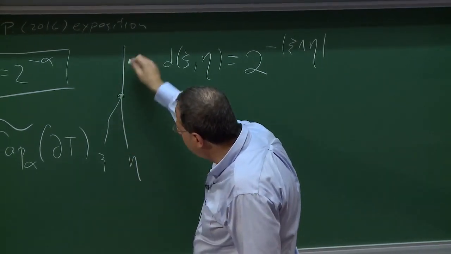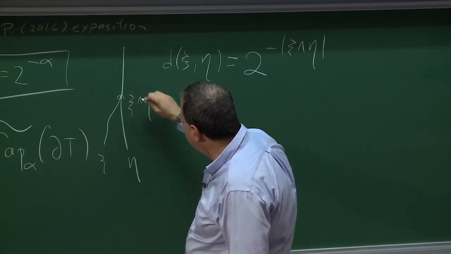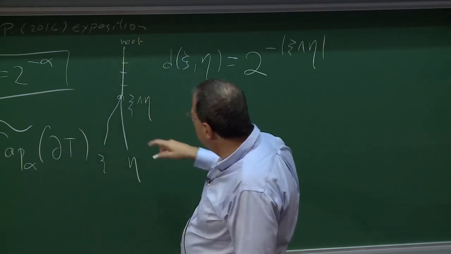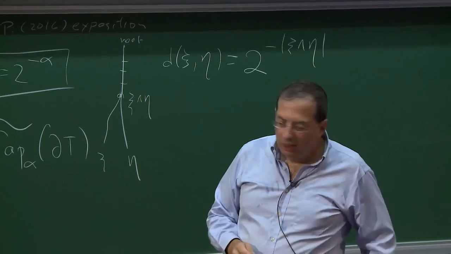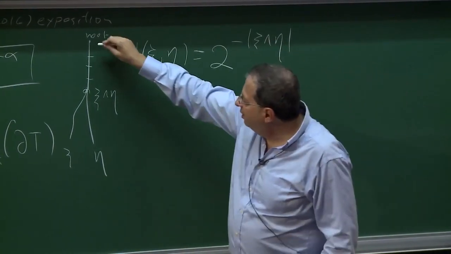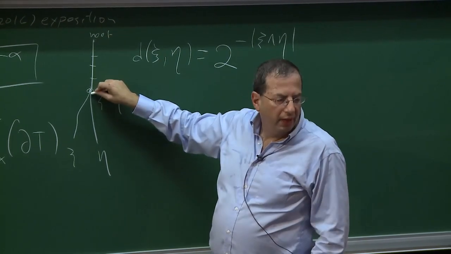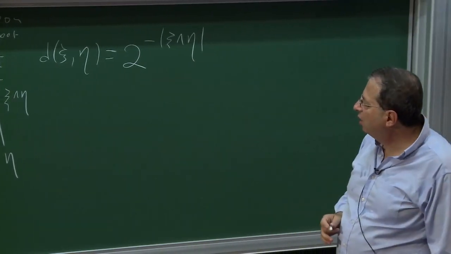If I have the two paths xi and eta, two rays, this is the point xi meet eta, where the two rays separate. This is the root. And this absolute value means the number of edges from the root to this separation point. And this is one of the natural metrics on the tree boundary.